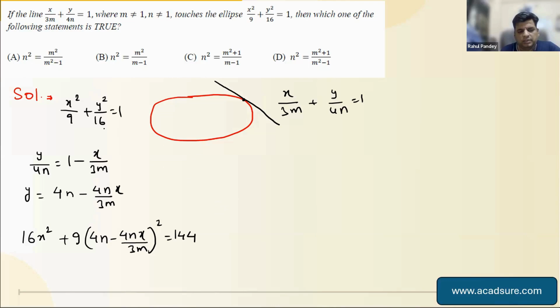I just took the LCM and solved for the ellipse directly.